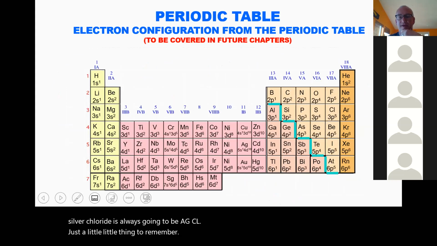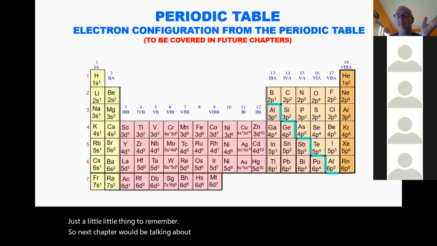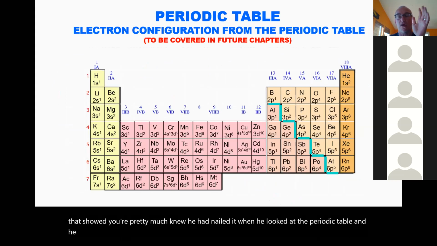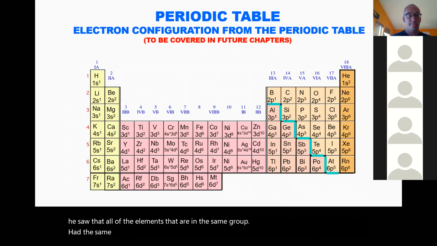So next chapter, we're going to be talking about electron configurations. And I mentioned a little bit ago that Schrodinger pretty much knew he had nailed it when he looked at the periodic table, and he saw that all of the elements that are in the same group have the same electron configuration.